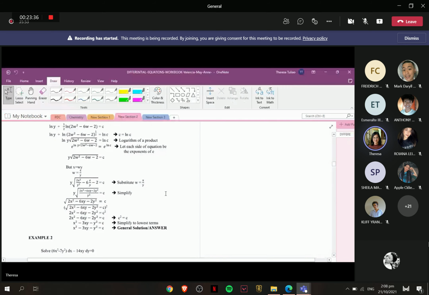Okay, so that is the summary of steps for homogeneous differential equation.